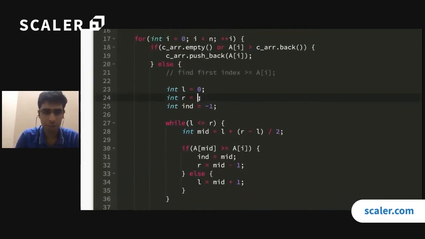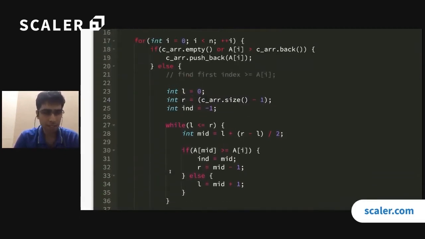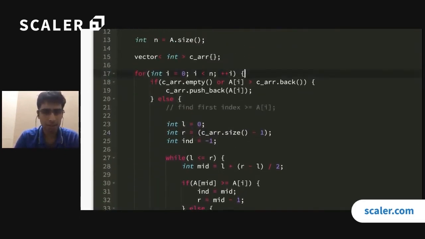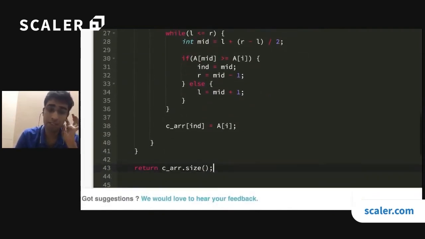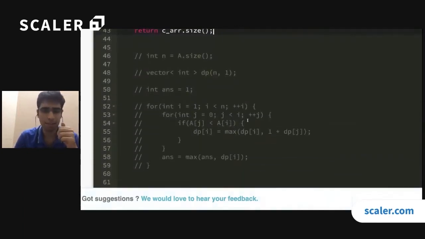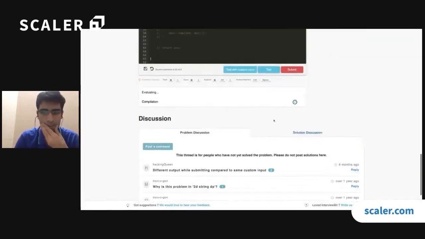R should actually be equal to current array dot size minus 1. Awesome. And finally, I can just return my current array dot size, because that was always storing the length of the largest increasing subsequence till now.